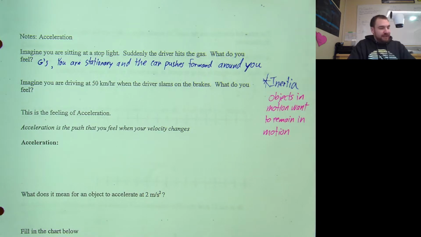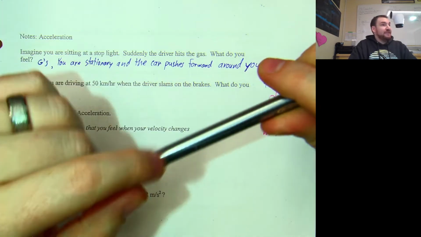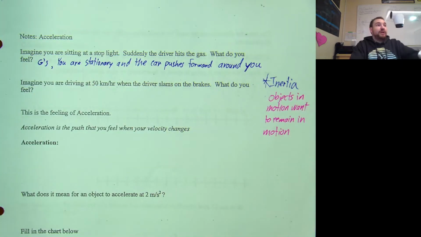So the example that Khalil gave: you're in a car, you turn the wheel to the right perhaps to follow that loop, and you feel like you're getting thrown to the left side. What's actually happening is your body wants to maintain the path that it was in. Your body was going straight, and now you're telling the car, now it's time to go right.